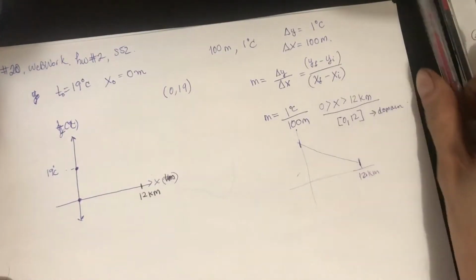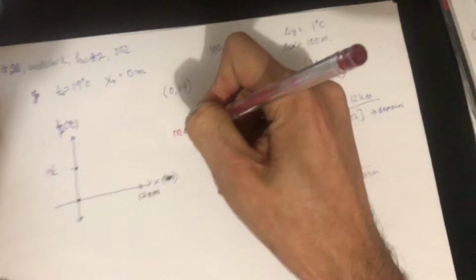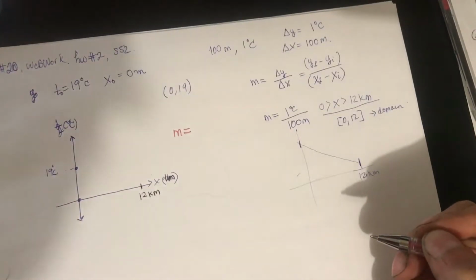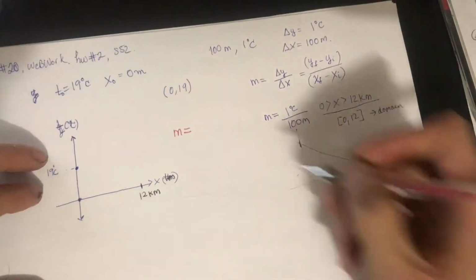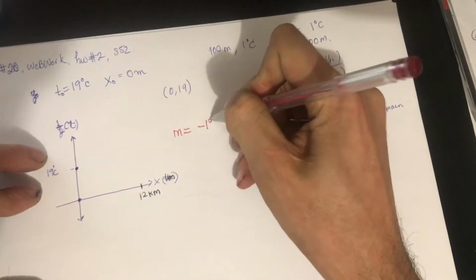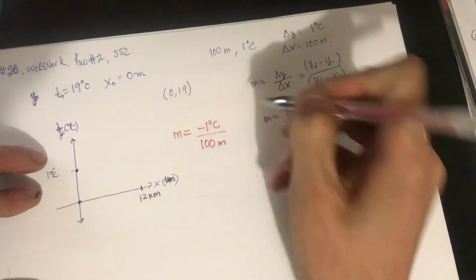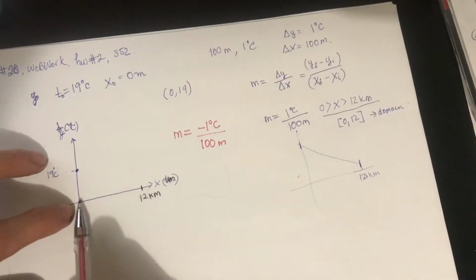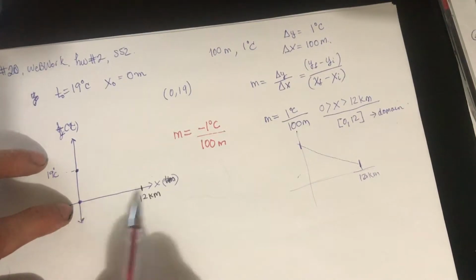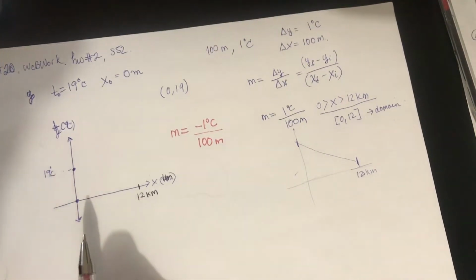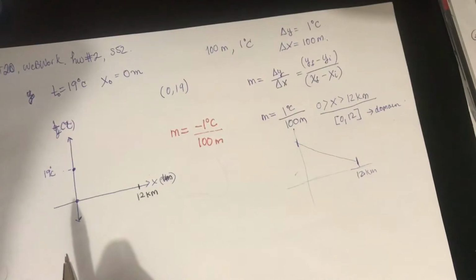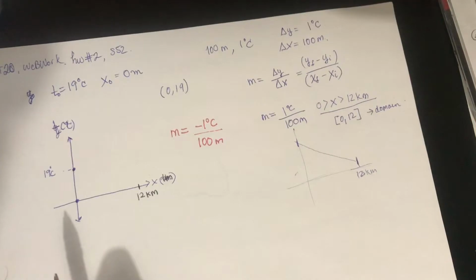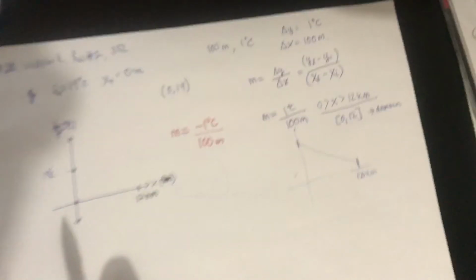And it says that my rate of change is that I go down 1 degree Celsius for every 100 meters that I move upwards. This is an absolute value in height, because when you jump 1 meter, you say I jumped 1 meter and I came down 1 meter, not I jumped 1 meter and then I came down -1 meter, right?